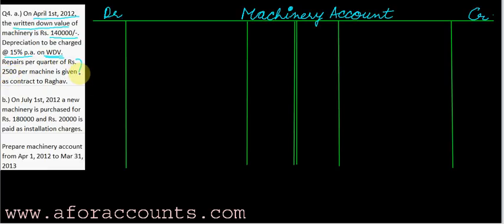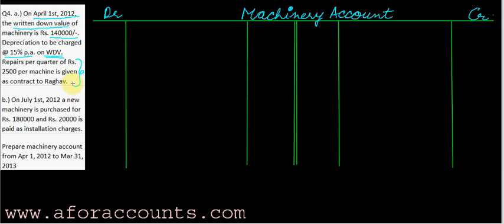Now, is this part material? You tell me whether this part is material in making a machinery or a depreciation account. Whatever are the repairs to the machinery is a direct expense and directly taken to your profit and loss account debit side. So I have nothing to do with machinery or depreciation. This is a point which is just given to confuse you.